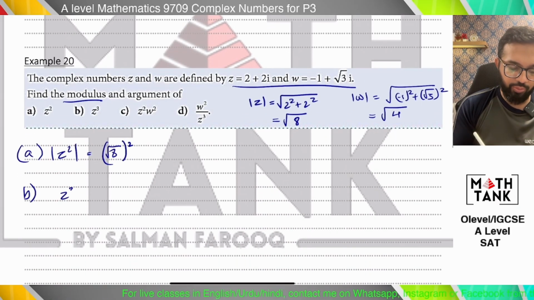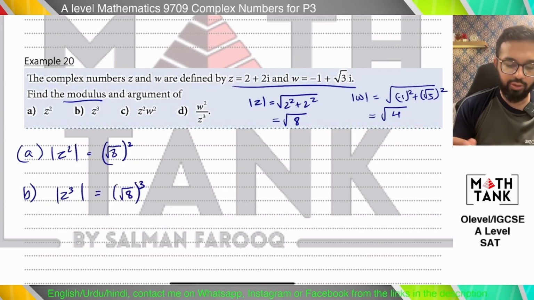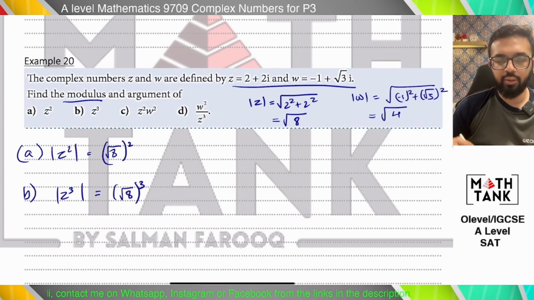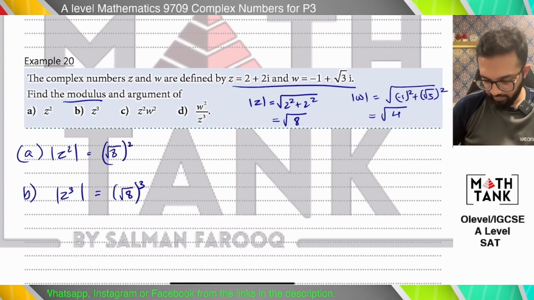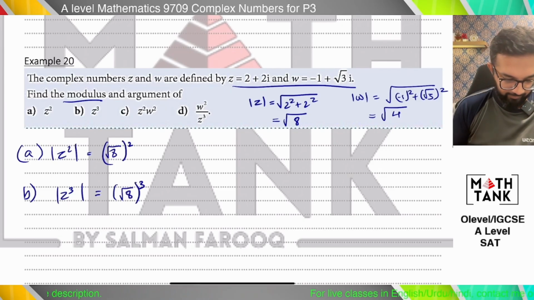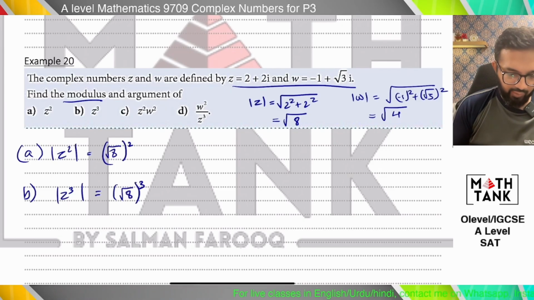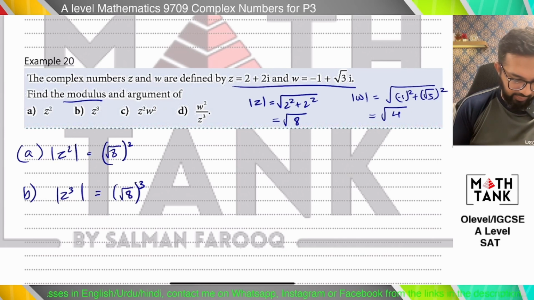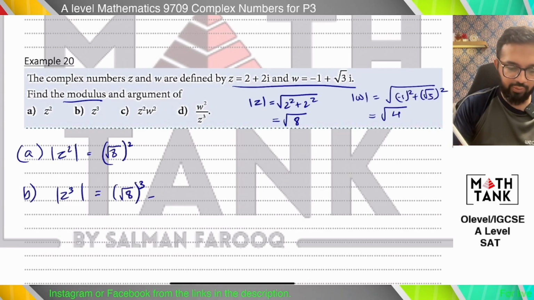Similarly, z cubed would be root of 8 cubed. I can use a calculator to simplify this. I know what it's going to be. It would be 8 times cube root of 8, which is 2, I think. Square root of 8 to the power 3 is going to be 16 root 2.